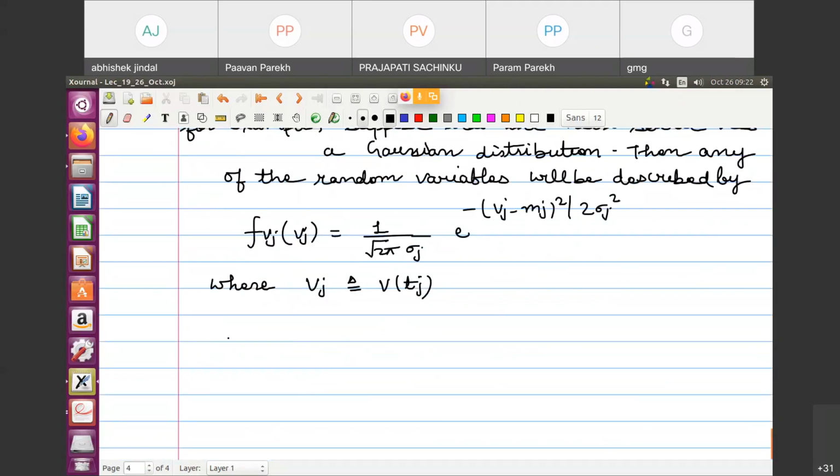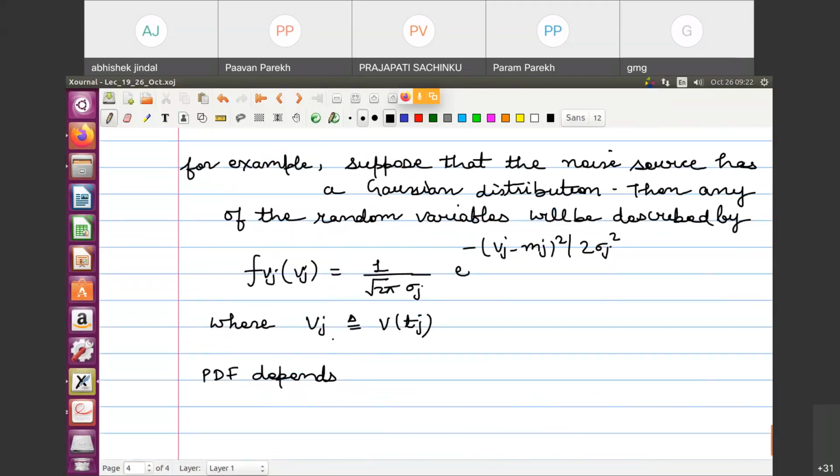So the PDF depends implicitly on time. Up to now we have not defined that. We know that for a random variable we can say that this is the PDF of the random variable. But for a random process, what is the definition of PDF? Now PDF becomes a function of time. Why? Because for a particular time tj, we get a random variable V of j.